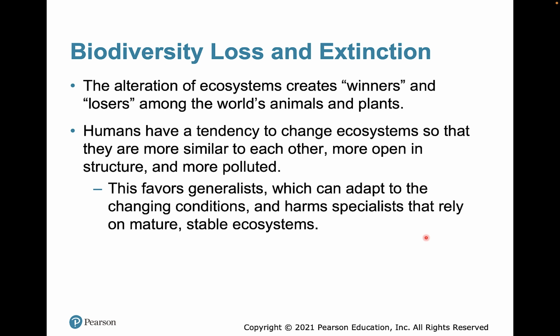So in that area where the change happens quickly and there's not a lot of diversity, this is going to favor the generalists, right? Who have a wide range of places to live and niches and ways to interact. And then the organisms that are more specialists that rely on a mature, stable ecosystem are not going to be able to survive.